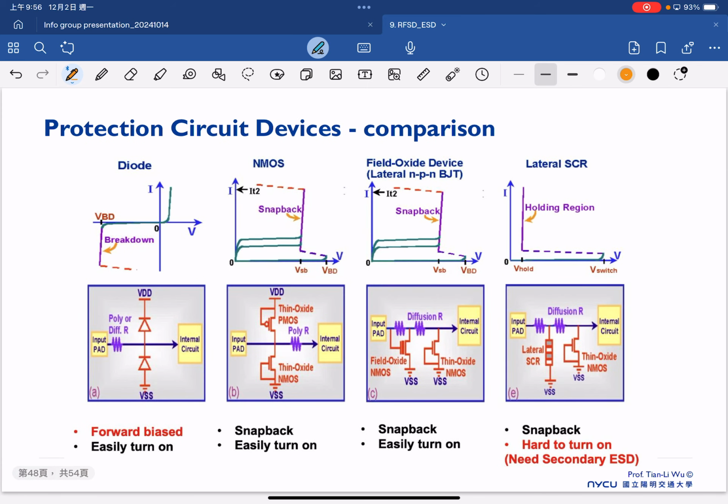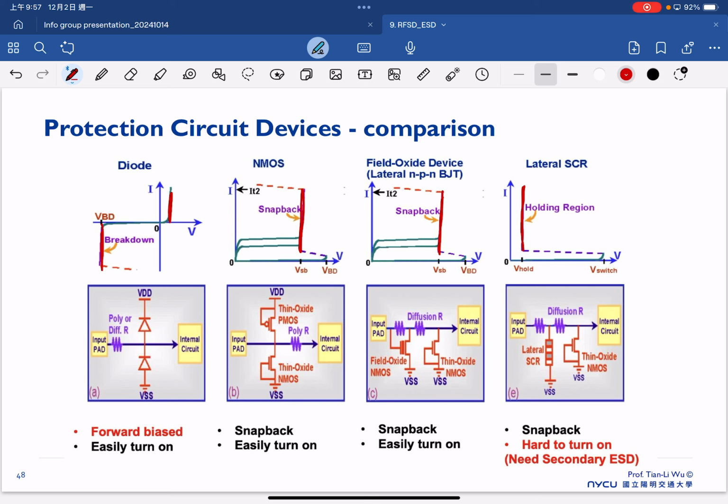Okay, so this is a final comparison considering several different protection devices. I believe everyone now gets a little bit of a sense that when we talk about ESD protection, what we care about is always this part and this part, because we want to make sure our ESD protection device is able to handle high current and low resistance operation.